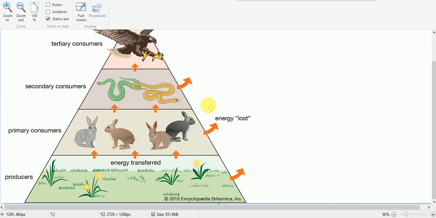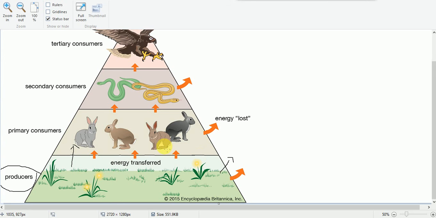Energy pyramid here. At the lowest level we have these producers, that is green plants. After these green plants are eaten by these herbivores, that is primary consumers, energy is transferred from the green plants to the herbivores, and because of that there is loss of energy.